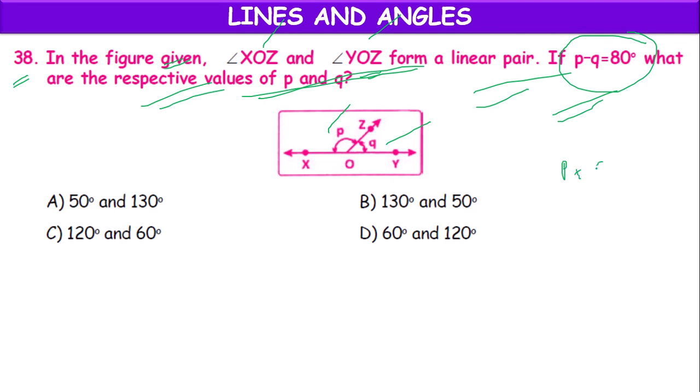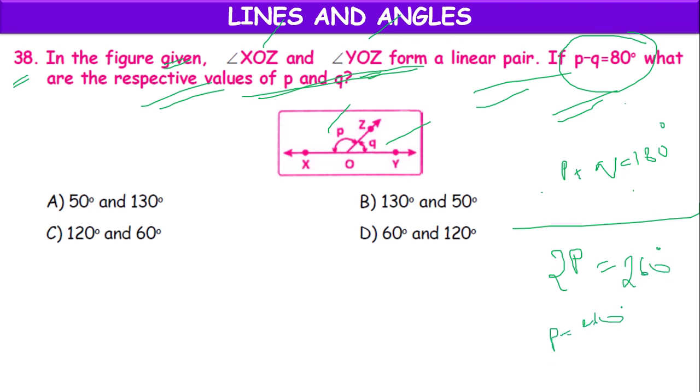So P plus Q equal to 180 degrees because they make a linear pair. Now if we add both the equations, P plus P, 2P, minus Q plus Q cancel, 80 plus 180, 260. Or P equal to 260 by 2, which is equal to 130 degrees.